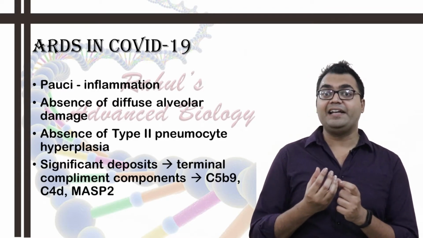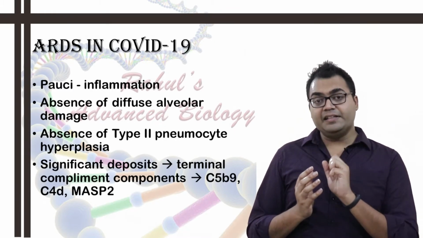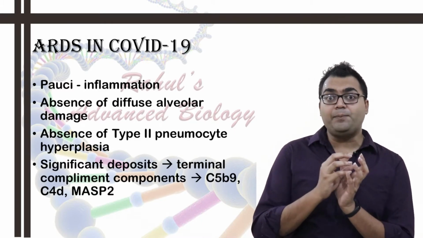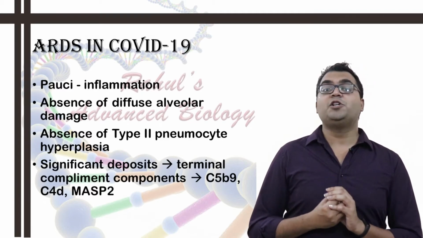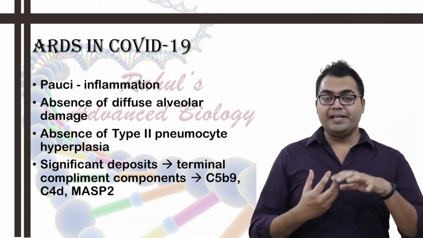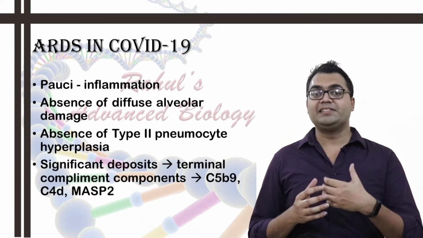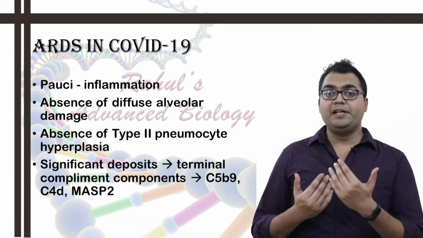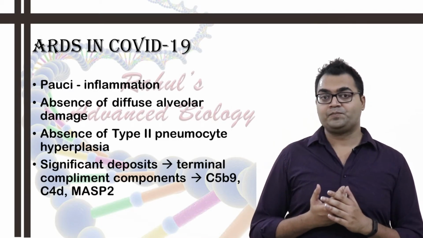So mannose binding lectin associated serine protease 2 has also been found to be present in the type 2 pneumocytes, along with the spike protein of the SARS-CoV-2 virus. So this also brings in more of an aggregated immune response, a kind of hypersensitive response, and it can also cause an increase in the vascular permeability along with the trans signaling caused by the IL-6 pathway.